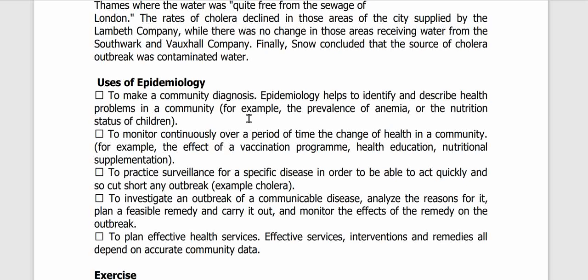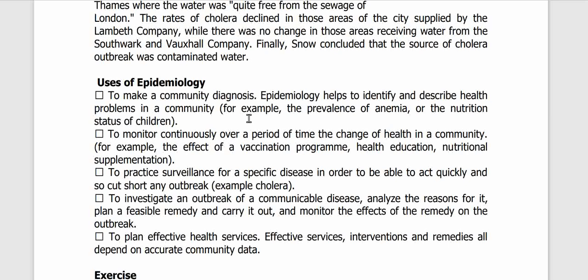Why do we need the knowledge of epidemiology? Number one is to make a community diagnosis. Because if we are able to understand the determinants of a disease, the frequency of a disease, and the geographical area of a disease, which is distribution, it will help us to identify and describe health problems in a community.